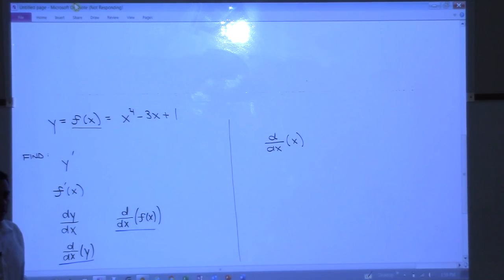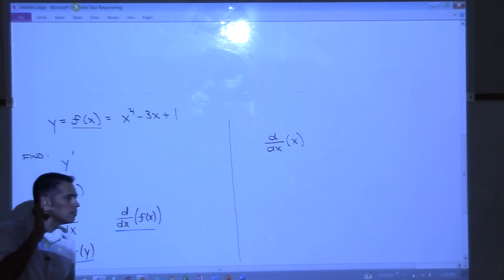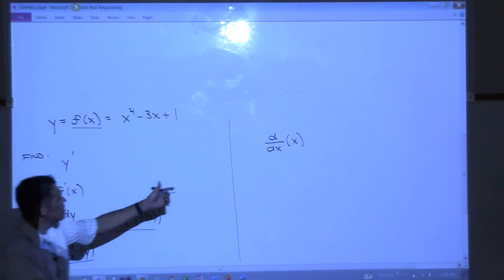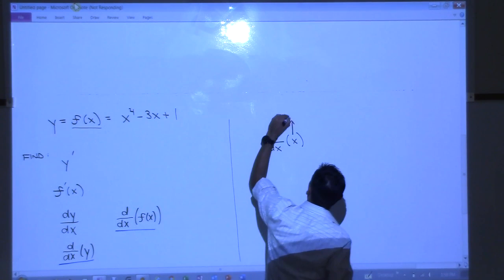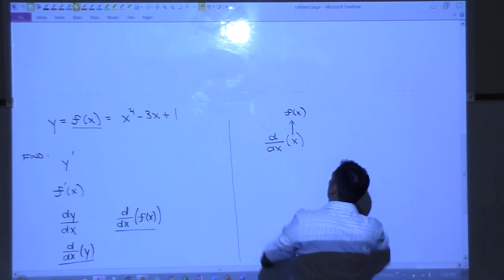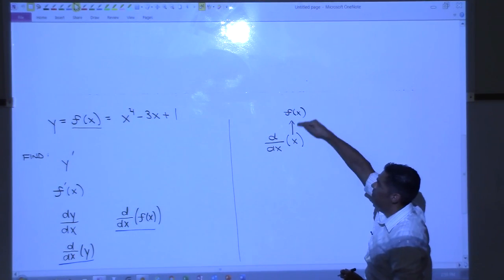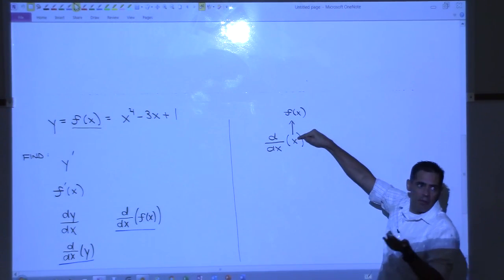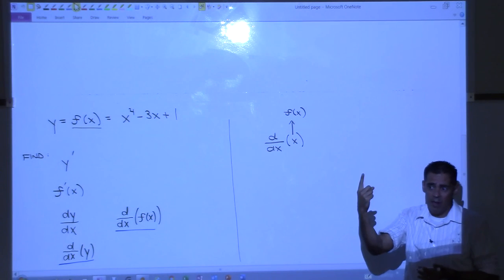What do you think that answer should be? 1? What do y'all think? This is like our function, right? I'm saying the function we're taking the derivative of is x. So what is the derivative of x? We all know the derivative of x we've set up to this point is 1, isn't it?